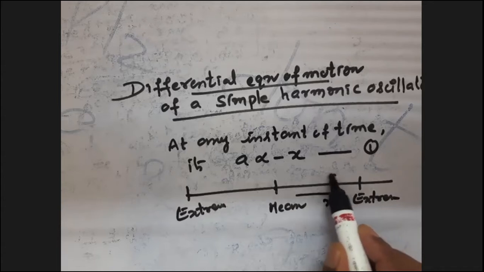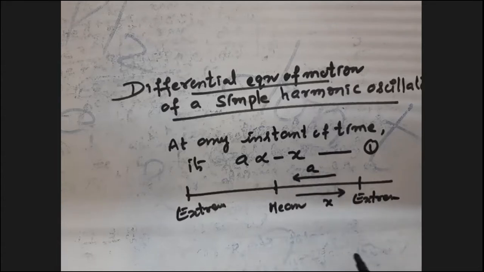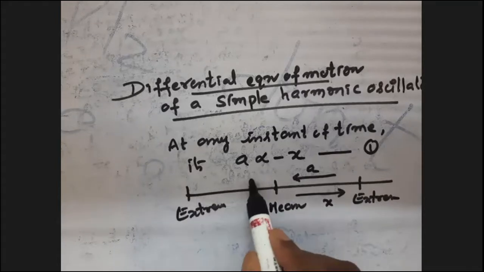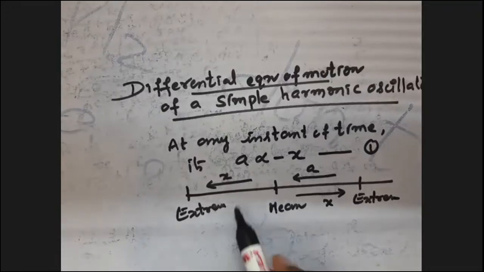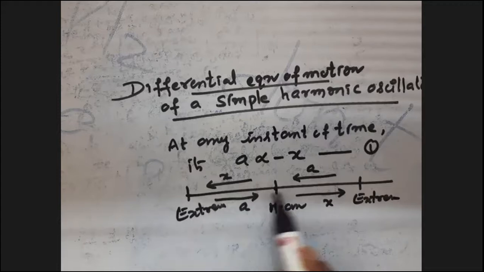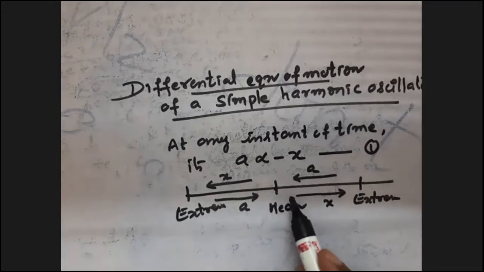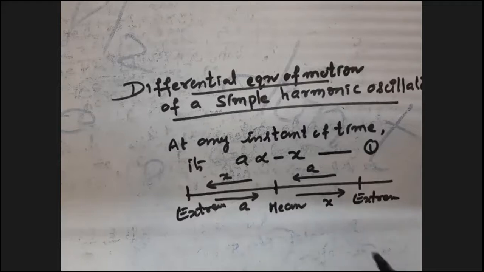But the acceleration direction here is towards the fixed point, that is the mean position, in this direction. When the particle is moving from the mean position to the left extreme position, the direction of displacement is towards the left. But the direction of acceleration in this case is towards the fixed point, that is the mean position, towards the right side. So when the particle is moving either to the right side or left side, acceleration always points towards the fixed point, that is the mean position.